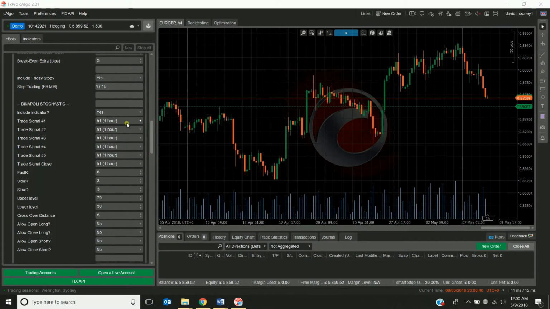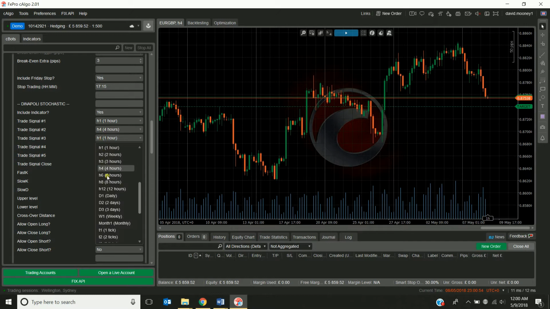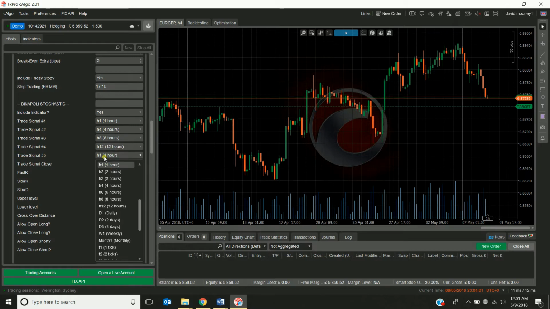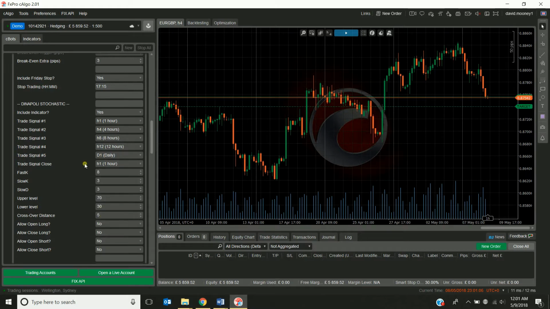So what we can do is go through the list and select a few different time frames. So we have 1 hour as trade signal 1, and then you might have 4 hour as signal 2, 8 hour as signal 3, 12 hour as signal 4, and then your final opening signal as a daily signal, which means that the DiNapoli indicator will have to look at all of these time frames and they will all have to match on the DiNapoli indicator for it to open a trade for you.